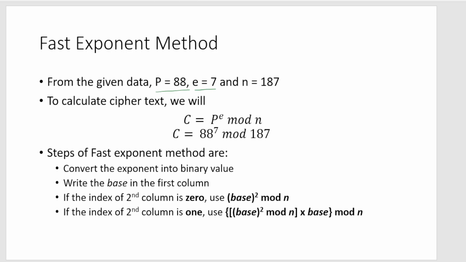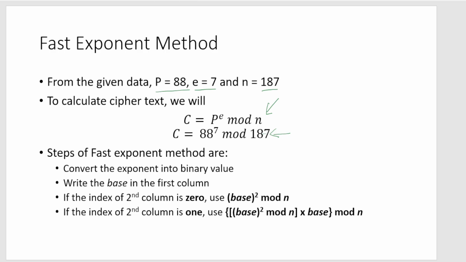And we know that if we want to calculate the cipher text, we need to have P, E and N. Value of P was 88, E was 7, and mod N is there. So we will substitute all these values and we will get C is equal to 88 raised to power 7 mod 187. So this is the equation that we are going to use.